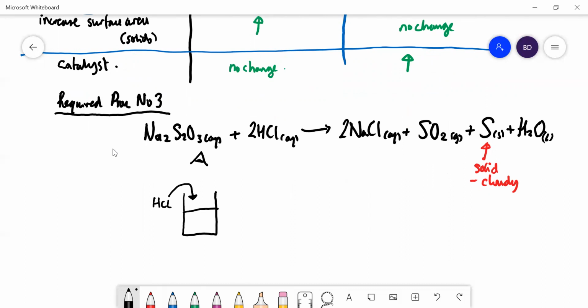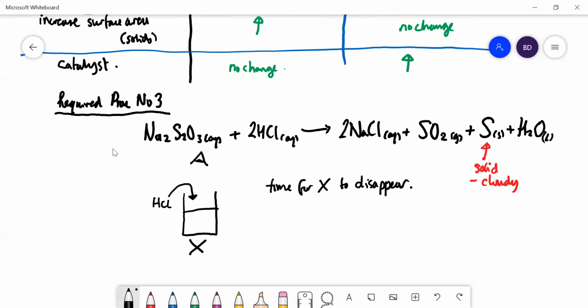Okay, and what will happen, you look at it with your eye here. This is your eye, and you put it on a piece of paper with a cross, and you time how long it takes for the cross to disappear. That is required practical 3.